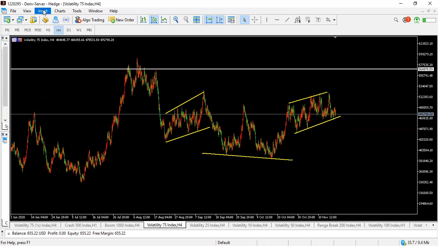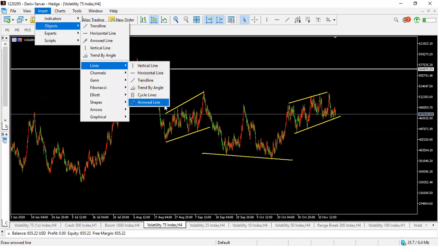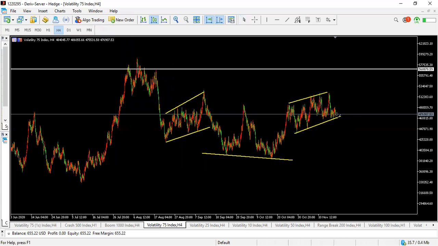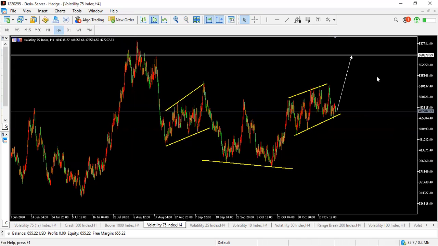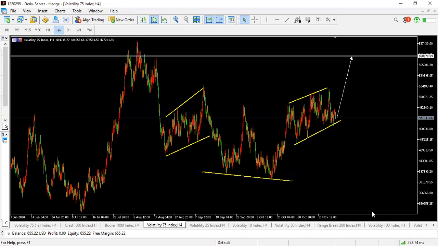So we are going to insert this arrow so that we can understand what is next: impulsive, correction, then impulsive to the upside. I will take this trade and our take profit will be around this level. We shall buy. So how are we going to place our stop loss? Our stop loss we are going to place below this shoulder, guys. So our stop loss will be around this level, and our take profit will be here.